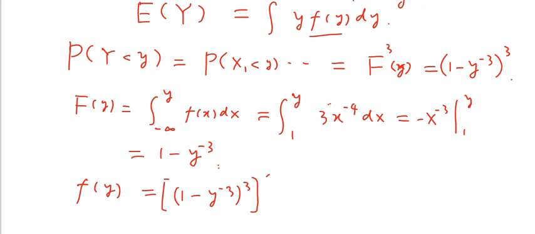Say negative 1. So this equals 9y^-2, 1 minus y^-3, okay, like this, equals 9y^-2, then 1 minus y^-3, 2.